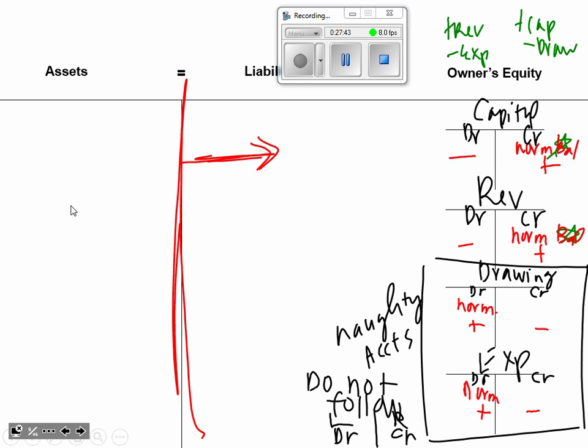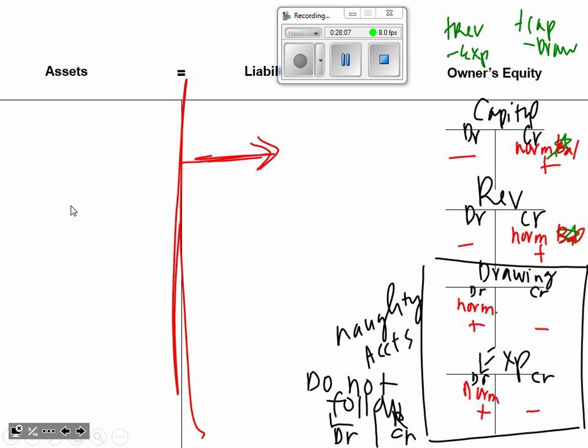So we've been subtracting these naughty accounts all the time, but we can't have them follow normal debit and credit rules, because if we credit something under this umbrella, the worth goes up. But when we pay bills like expenses and the owner takes money out of the business, it makes them worth less. So if we'd credit it, it would be making them worth more.